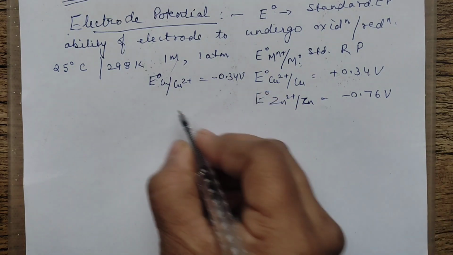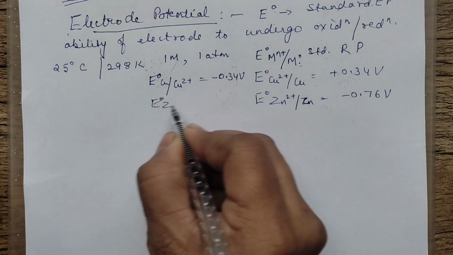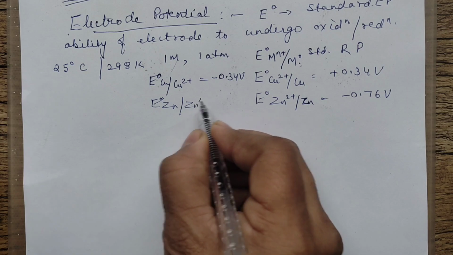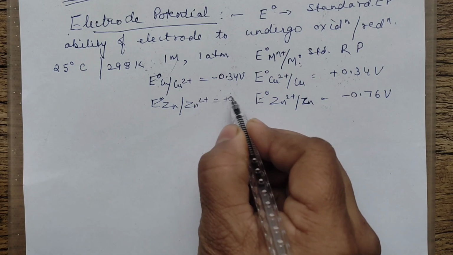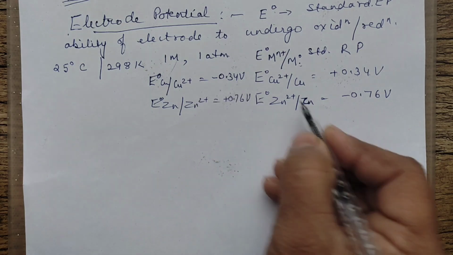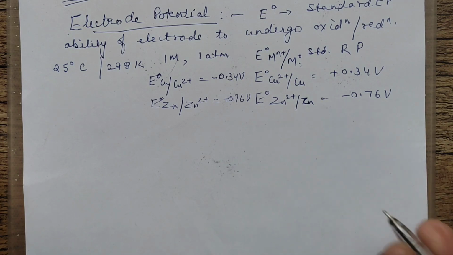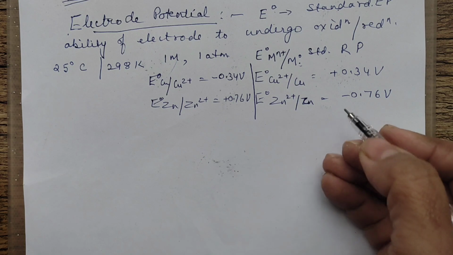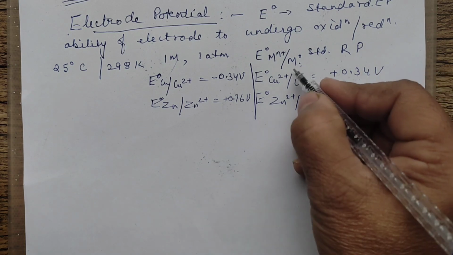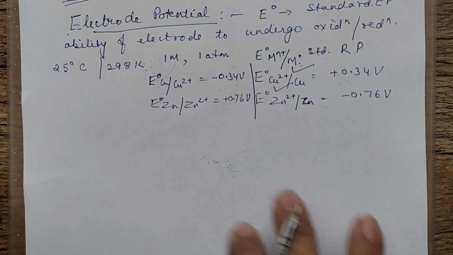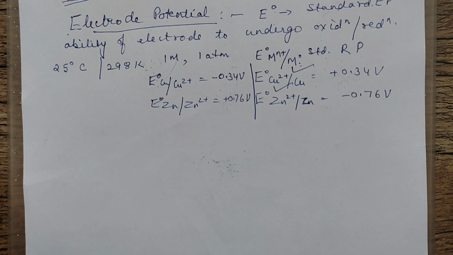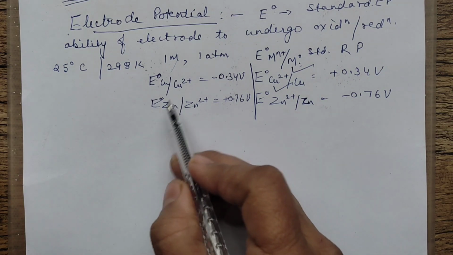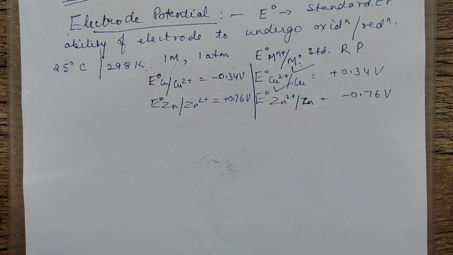For zinc, it will be Zn slash Zn2+, and the value would now be plus 0.76 volt. So please read carefully whether it is reduction or oxidation potential. But more commonly, as in the electrochemical series, it's mainly given in terms of the reduction potential. That is the standard format we follow. But at times, in multiple choice or competitive exams, note whether it is oxidation or reduction that is mentioned.